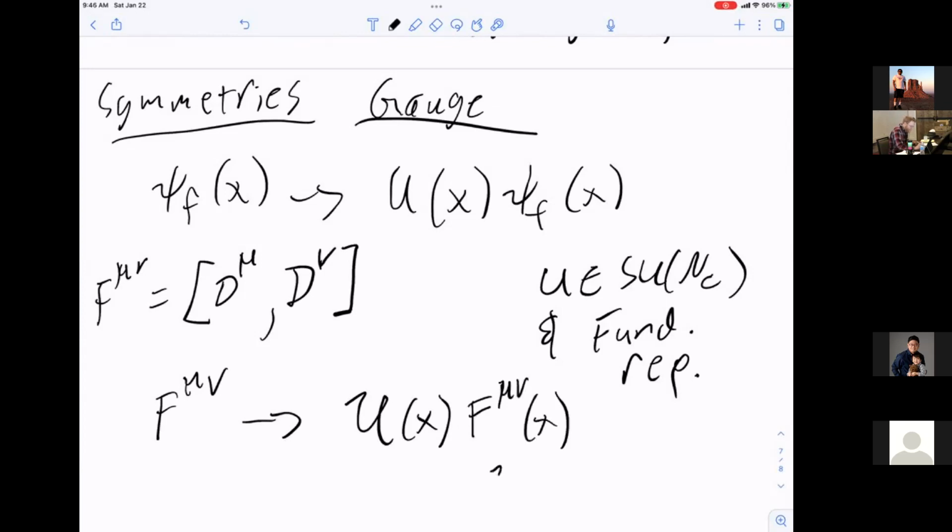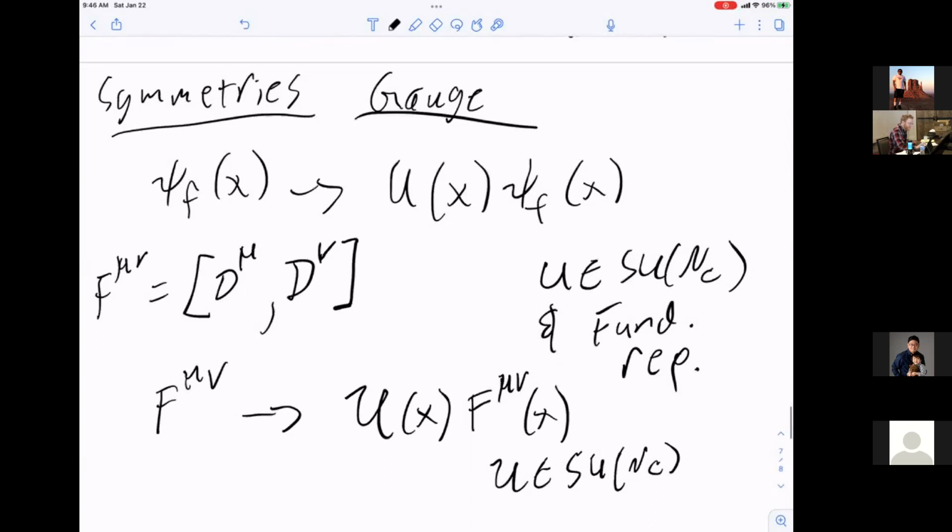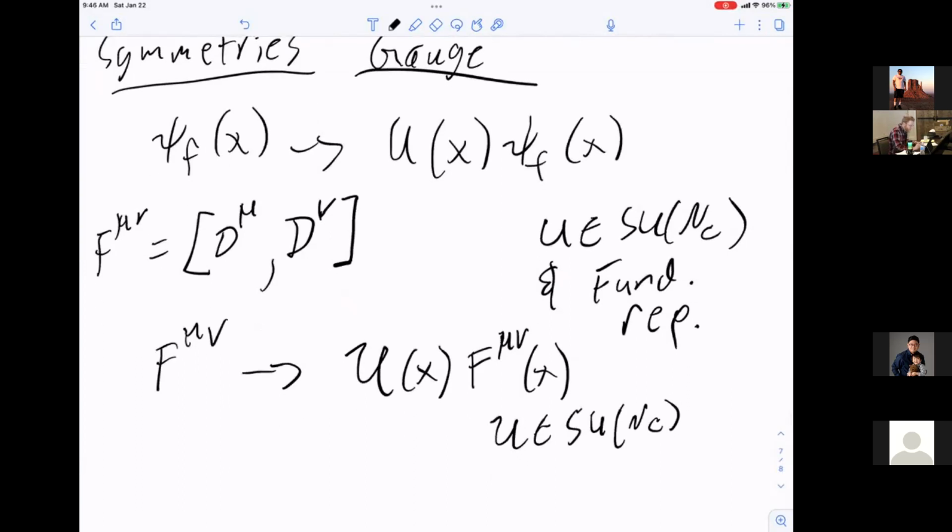The fancy U is also a member of SU(N). In fact, it is the same member of SU(N) as what I had for my quark field. However, I've now mapped it to the algebra. How do I map between the two?